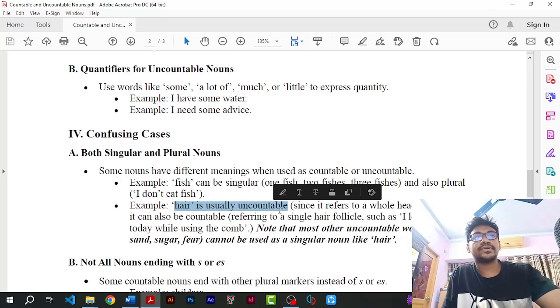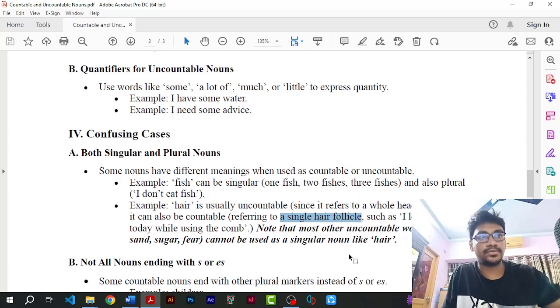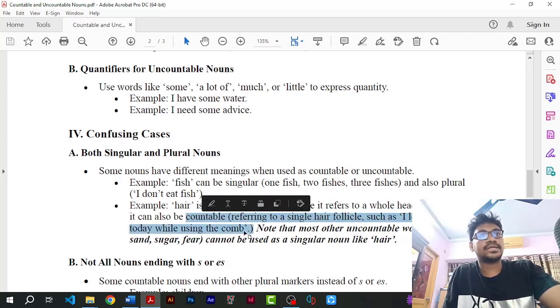However, if you're referring to a single hair follicle, like some hairs fell out when you used a comb to brush your hair, in that case you can use hairs. Okay, so do not get confused by this. Normally they are uncountable, but the word hairs can be used as a countable plural noun.